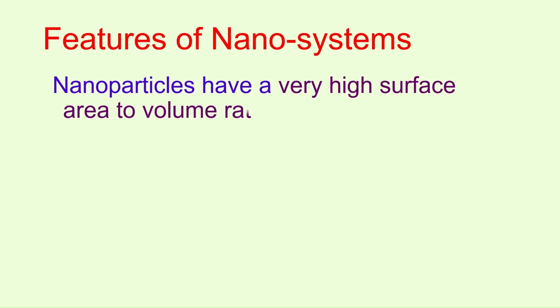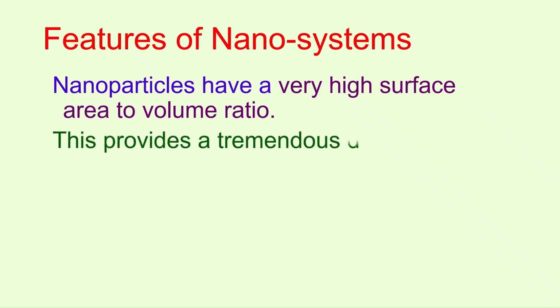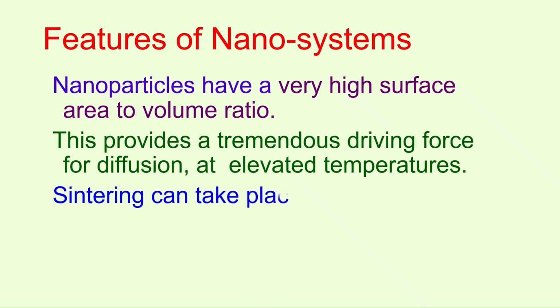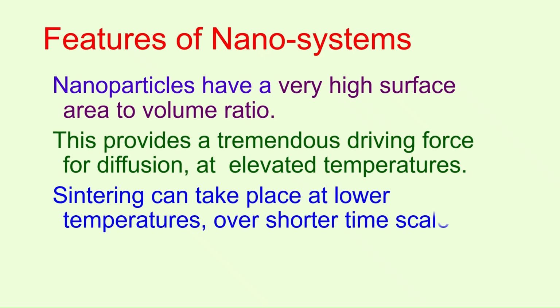Nanoparticles have a very high surface area to volume ratio. This provides a tremendous driving force for diffusion. At elevated temperatures, sintering can take place at lower temperatures, over shorter time scales than for larger particles.